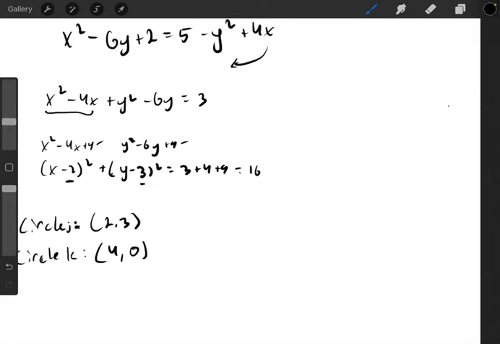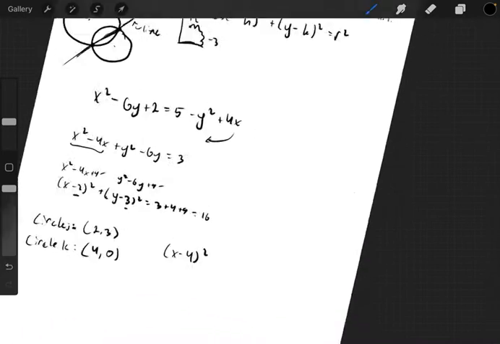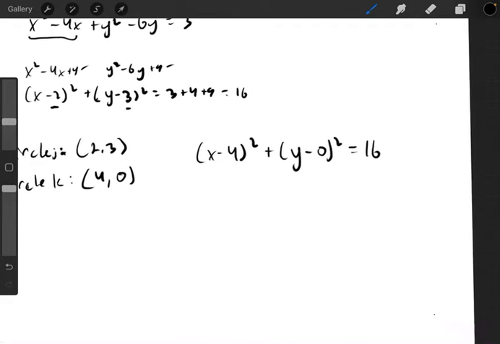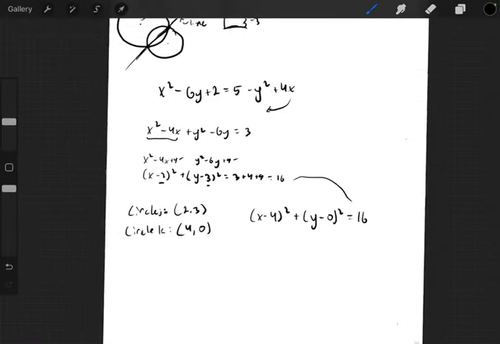you get your circle K equation to be x minus 4 squared plus y minus 0 squared equals 16. Now, these equations are both equal to 16.